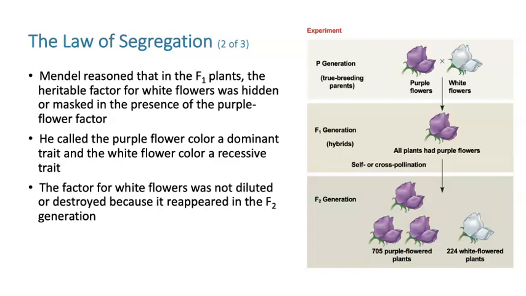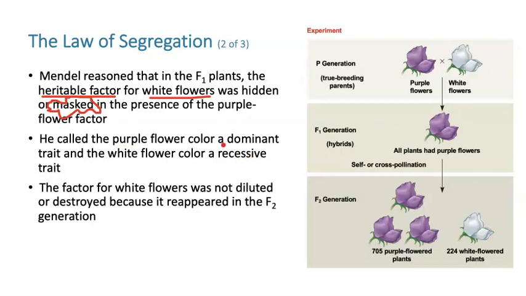He realized that the factor, whatever it was, which we now call genes, the heritable factor for white flowers was hidden, or we say masked. That's the word I often use, in the presence of purple flowers.